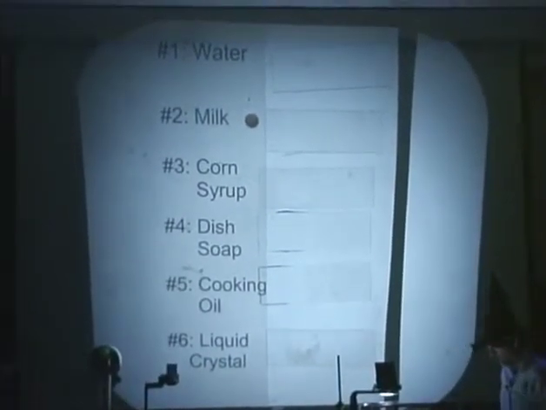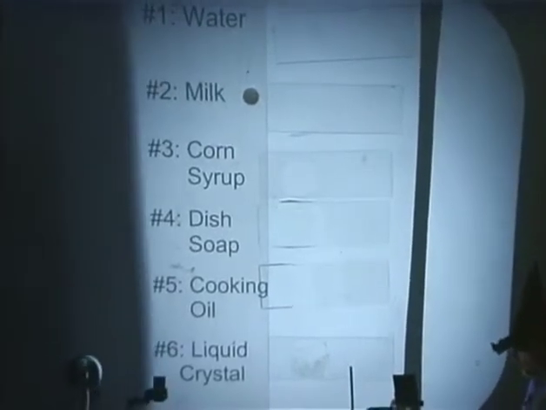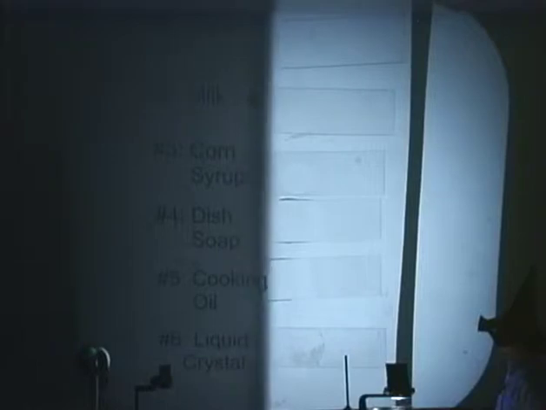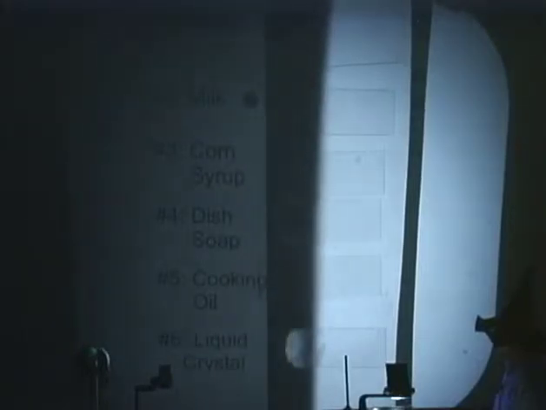Okay, so here's our analyzer again. I'm going to slide this in here. Wow. Okay, so now we can see that everything's dark except the dish soap and the liquid crystal. So both dish soap and liquid crystal change the polarization of light.